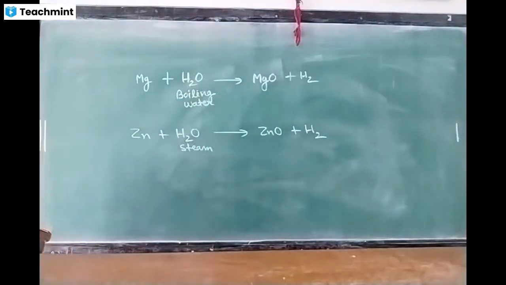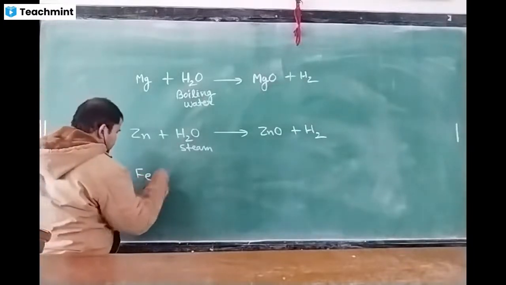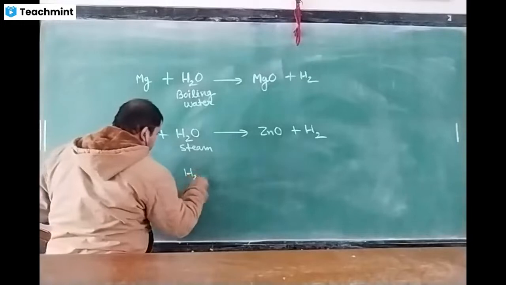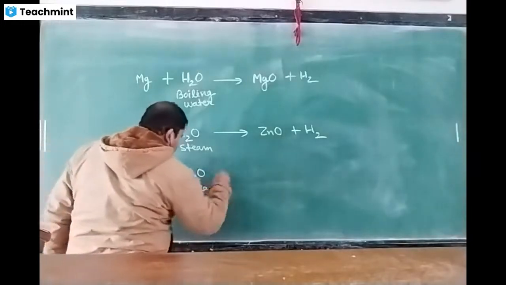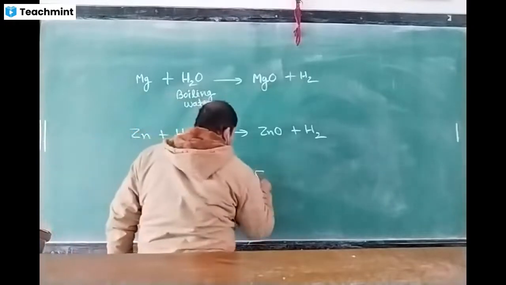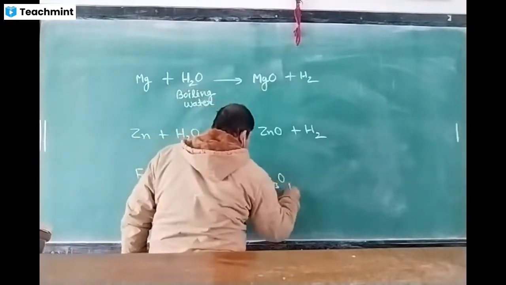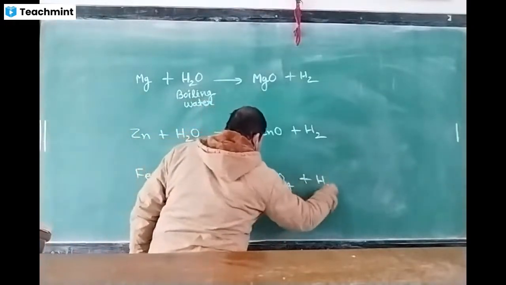In the same manner, if we take iron, it reacts with the steam form of water, and we get Fe3O4 plus hydrogen gas.